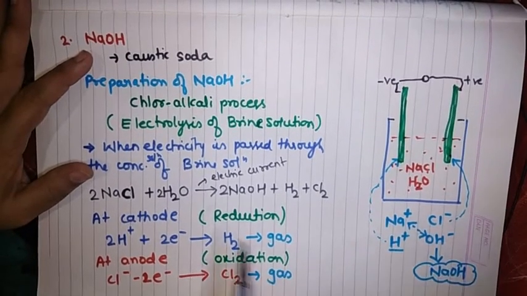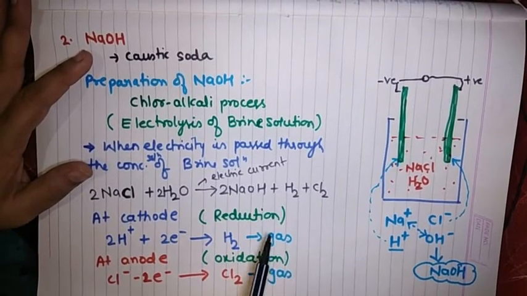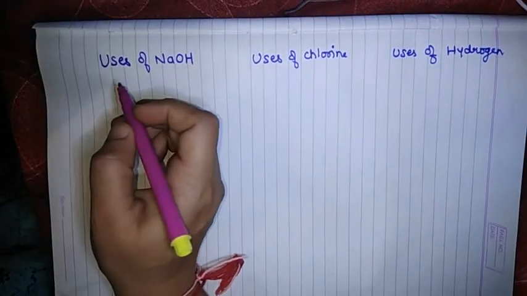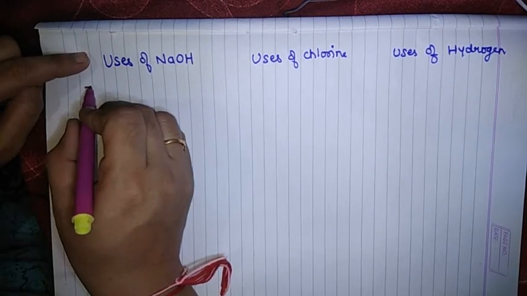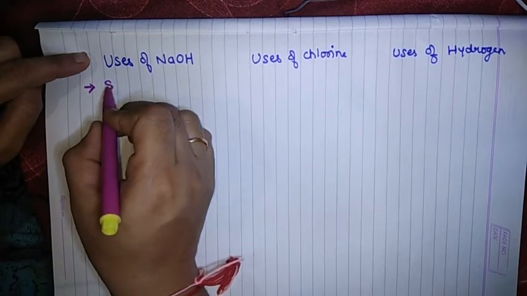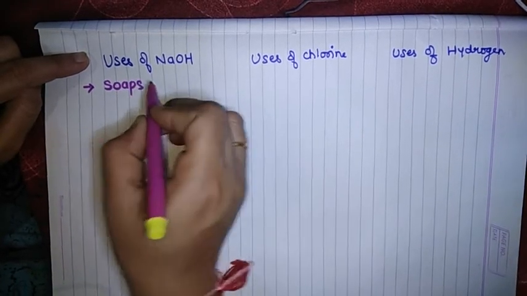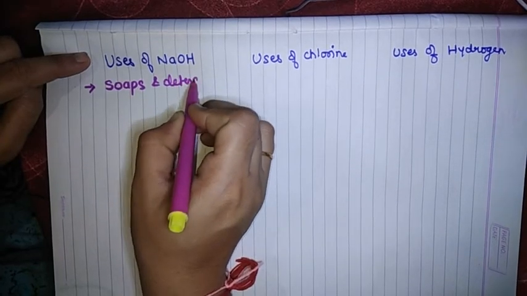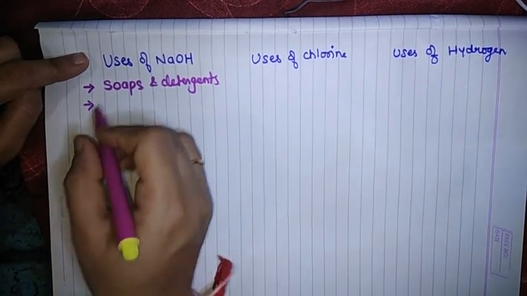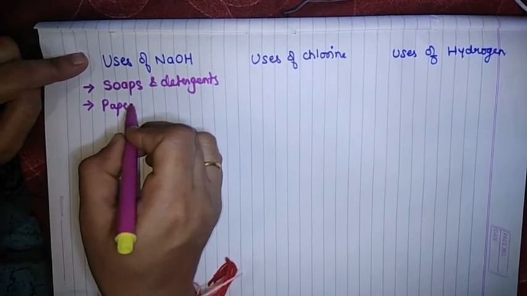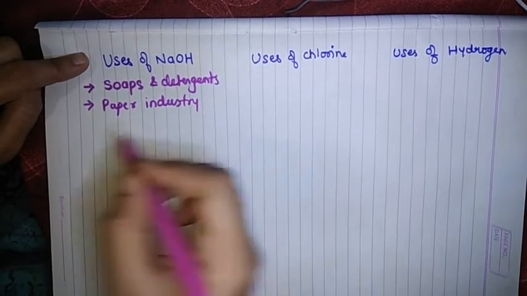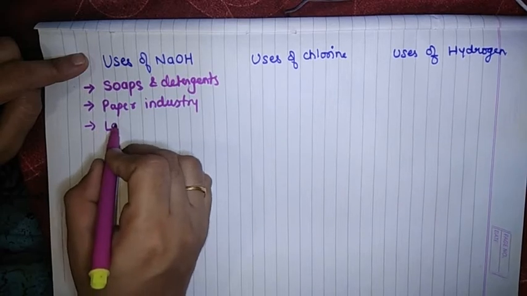Now, let's talk about some uses of sodium hydroxide, hydrogen gas, and chlorine gas. Let's talk about the uses of NaOH. It is usually used in soaps and detergents manufacturing. Also, we can use it in the paper industry, as a laboratory reagent.